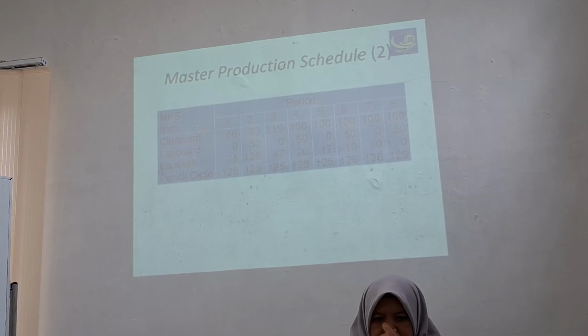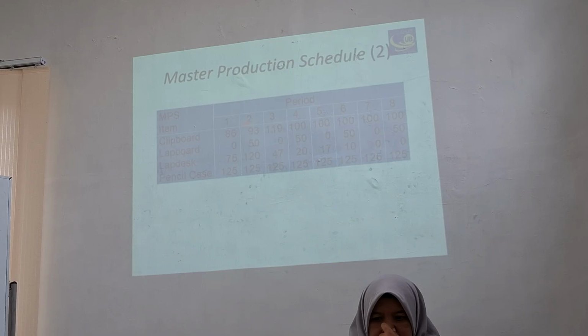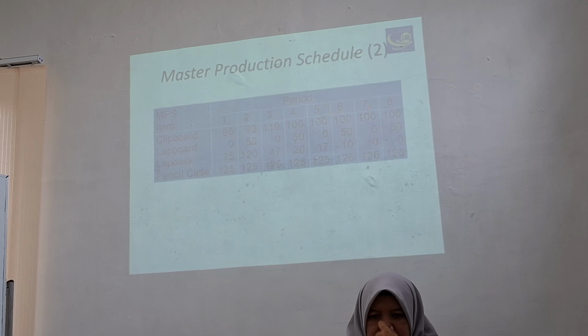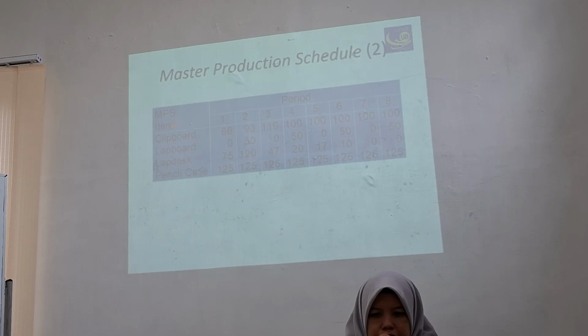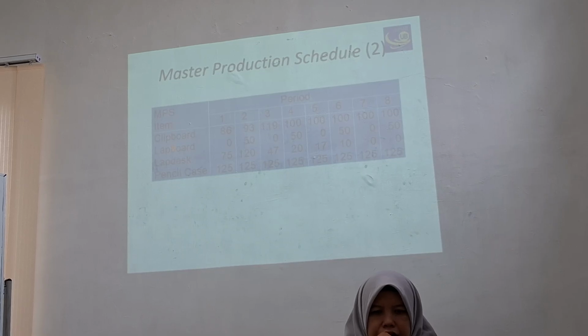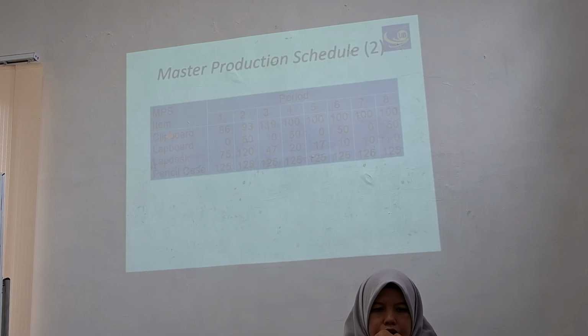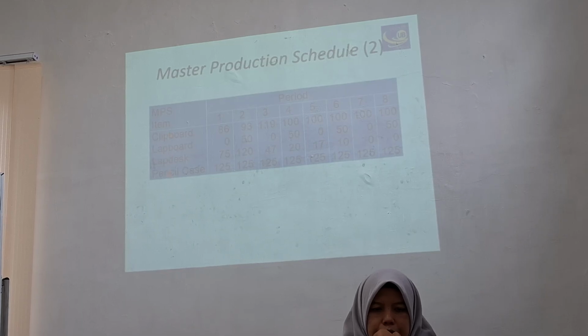First, we know about the planning horizon, or time horizon. This schedule is divided from period 1 until period 8, and there are 4 products here: clipboard, blackboard, desk, and pencil case.